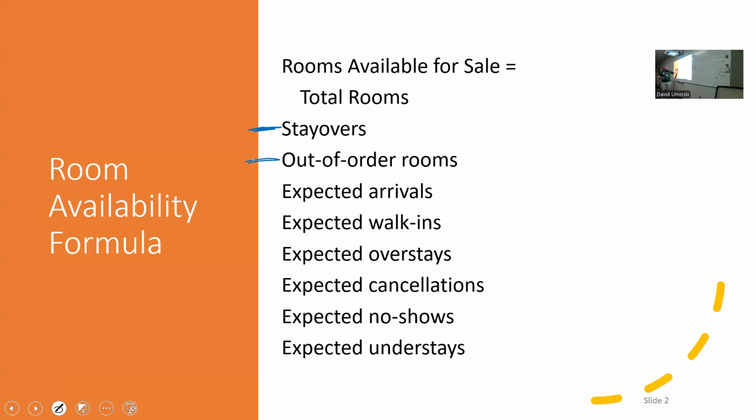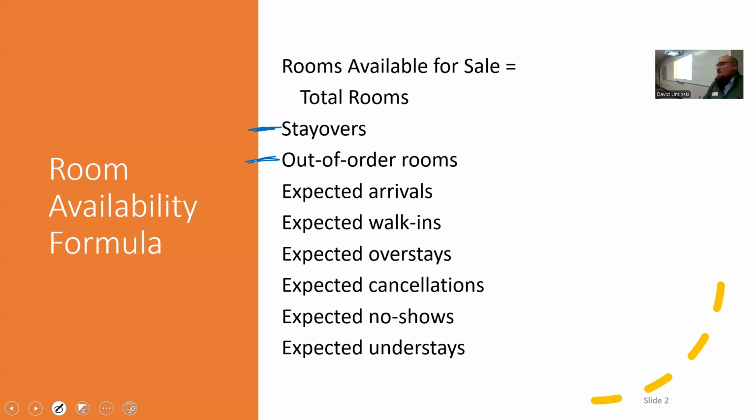If it's out of order, I'm going to subtract that. We very rarely will sell an out of order room, depending on the reason why it's out of order. If it's out of order because the light bulb is a specialty light bulb and the bedside lamp doesn't turn on, we might sell that to the guest and let them know, hey, by the way, your bedside lamp isn't working.